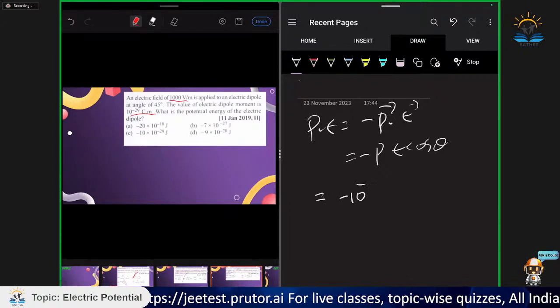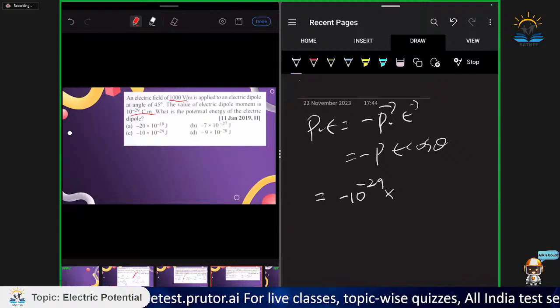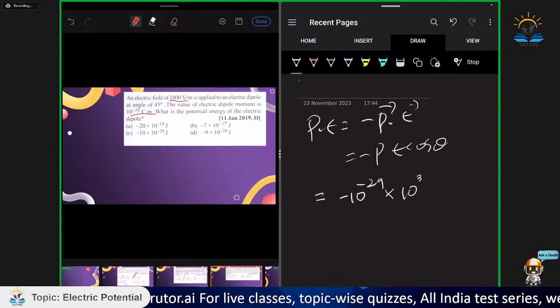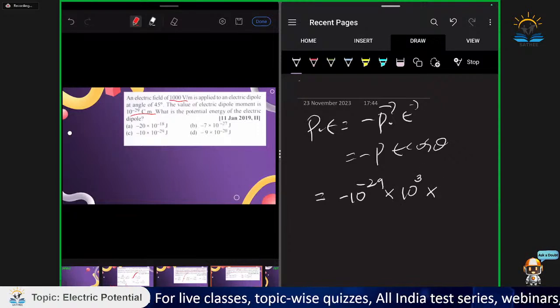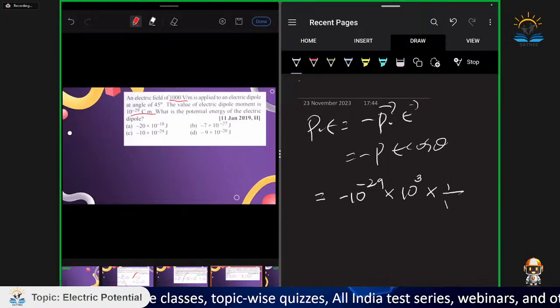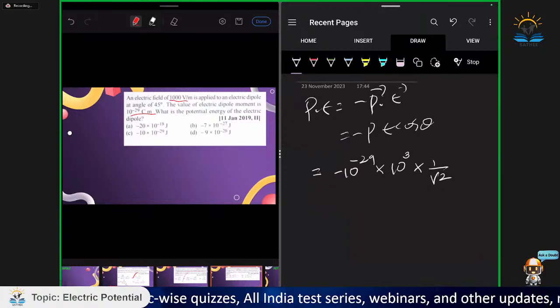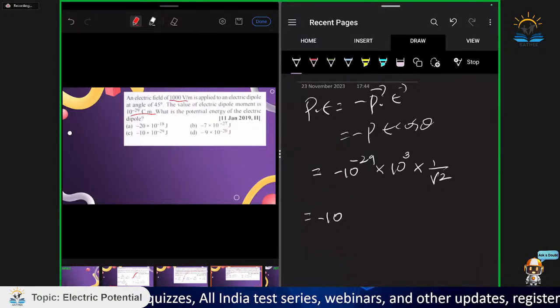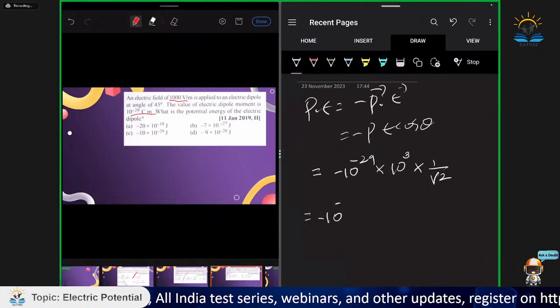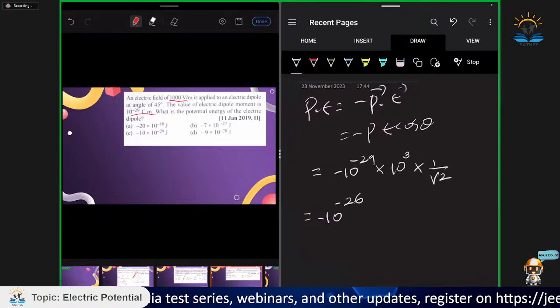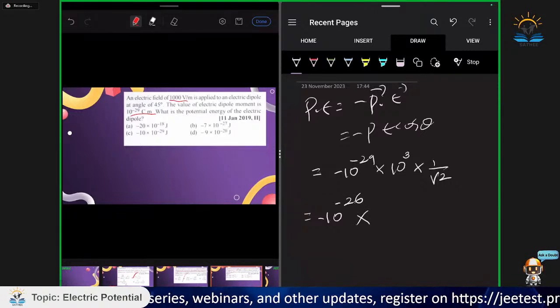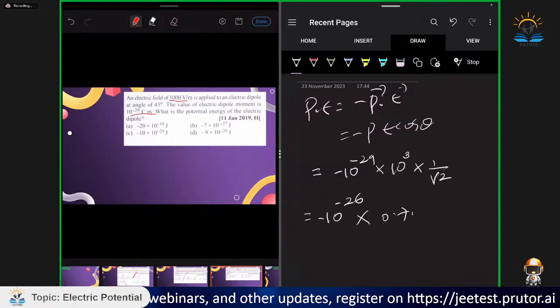Minus 10 raised to minus 29 into electric field, which is given as 10 raised to 3. What is cos theta? Cos 45 is 1 by root 2. So minus 10 raised to minus 26 into 1 by root 2, we can write 0.707.